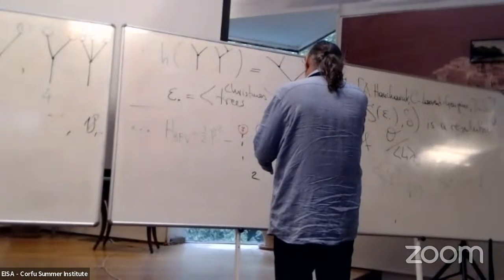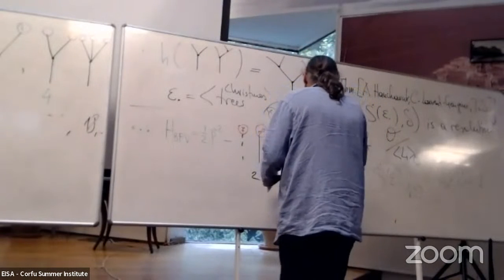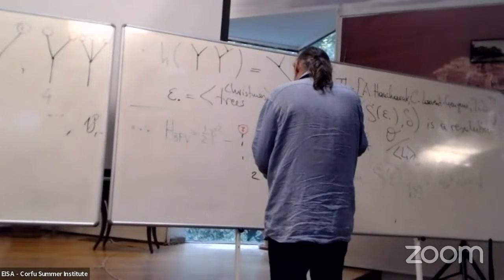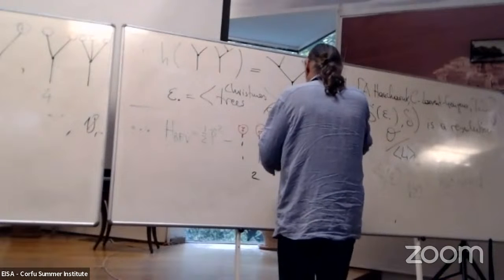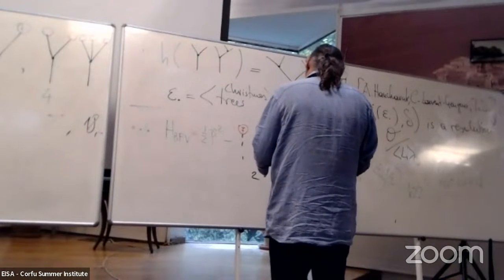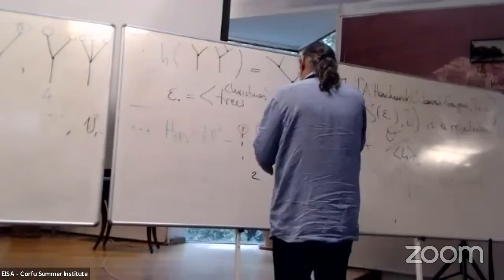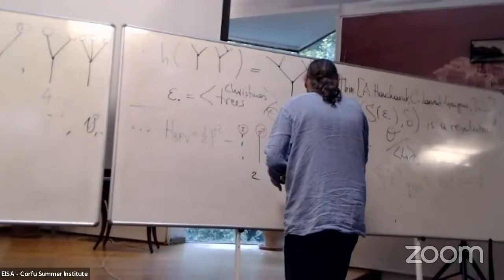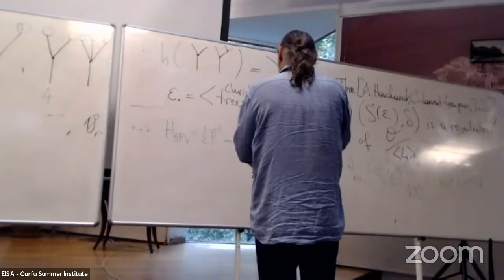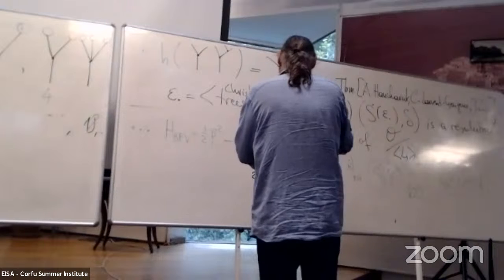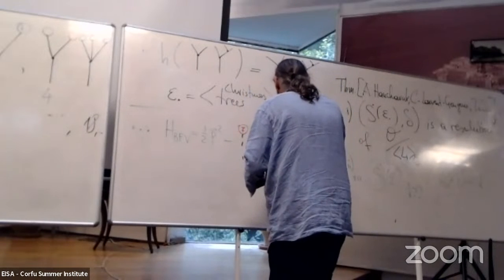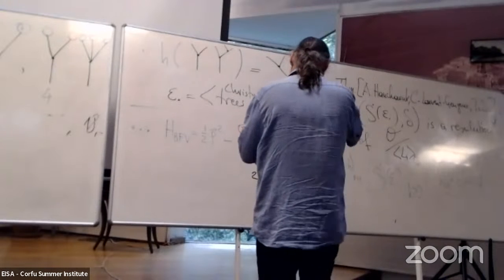So you get one tree like this, where you have one child and one parent. And you need a ghost also to saturate this index I. And there it is the other way around.